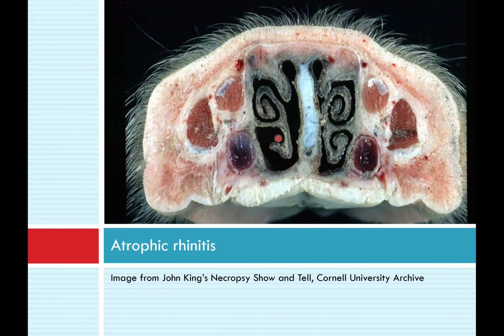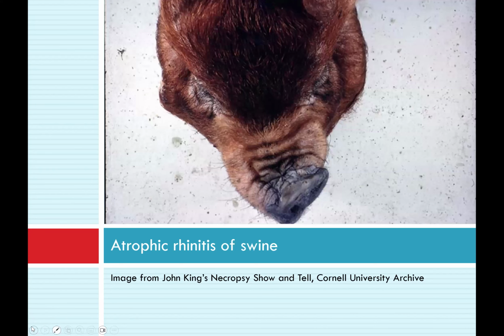If you look at this, wait, not sure if I have the slide here, but yeah. Okay. So if you look at this one that is not yet cross-sectioned, this is what it looks like. This is atrophic rhinitis. There is lateral deviation of the snout.